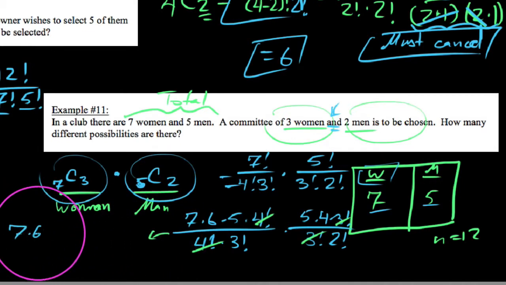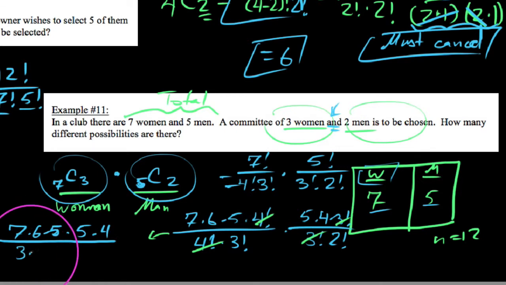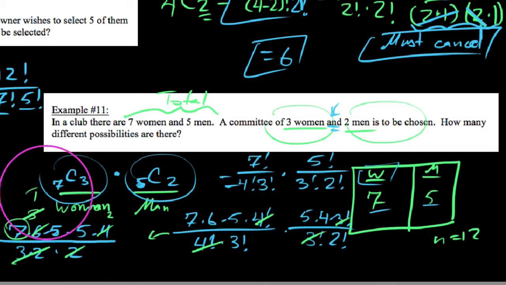We say 7 times 6 times 5 times 5, and I'm going to combine it with my next numerator, times 5 times 4. And this is all over 3 times 2 times 1 times 2 times 1 in the second denominator. So wiping things out, the 2 and the 6 make it a 3, or the 2 and the 4 make this a 2, and the 3 wipes out with this 3 perfectly, and it's gone. So we have 7, 1, 5, 5, and a 2.